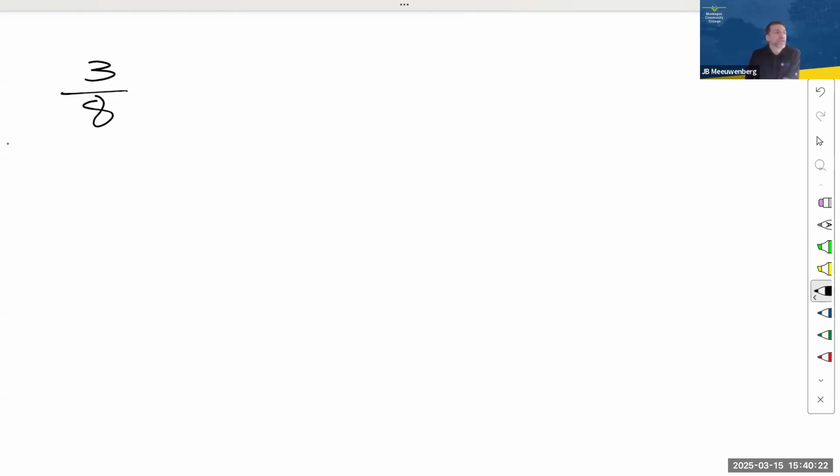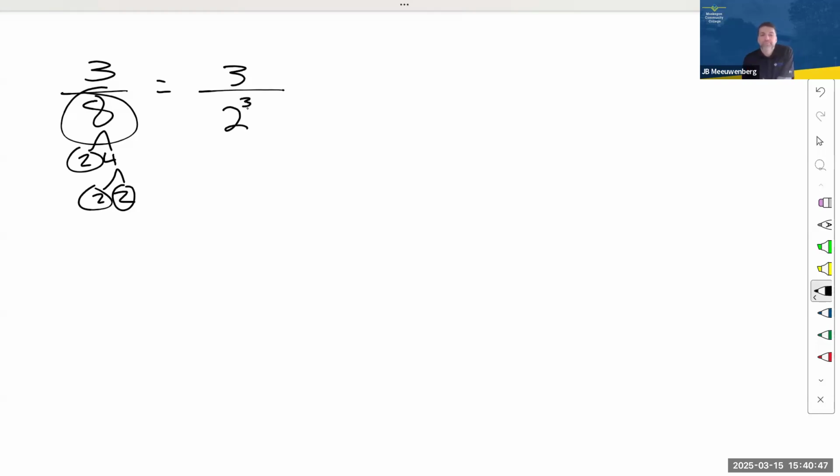And we're going to look at this denominator, 8. Do you recall what the prime factorization of 8 is? A factor tree might help you get there. 2 and 4, 2 and 2. We've got a bunch of 2's. So 3/8 is the same as 3 over 2 to the 3rd power.